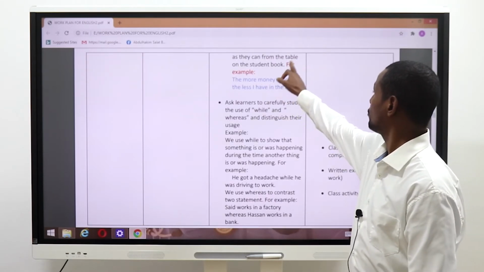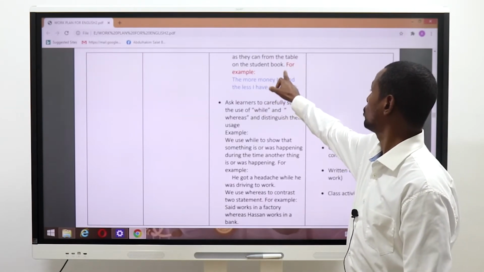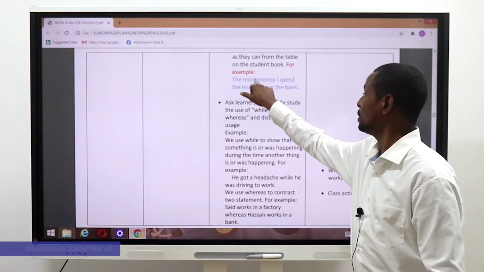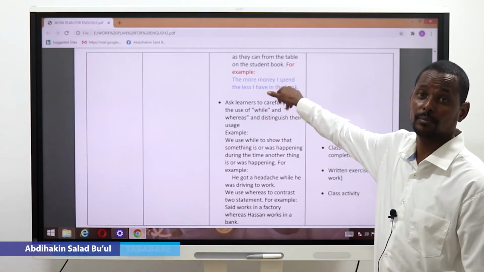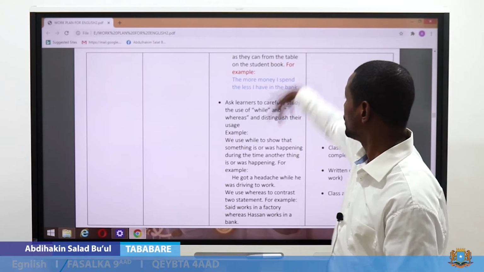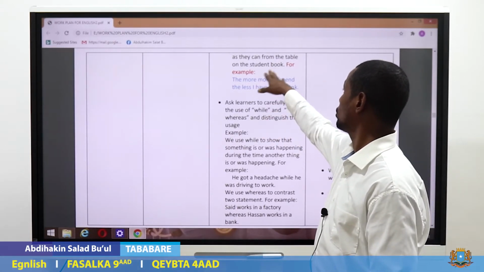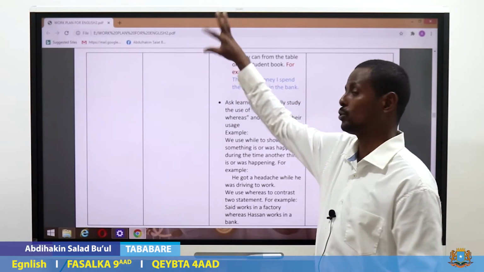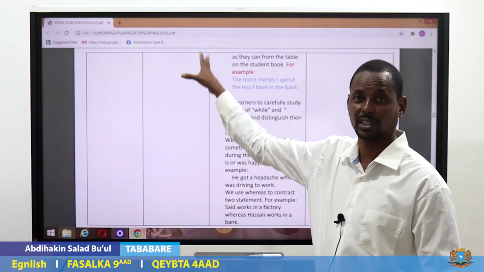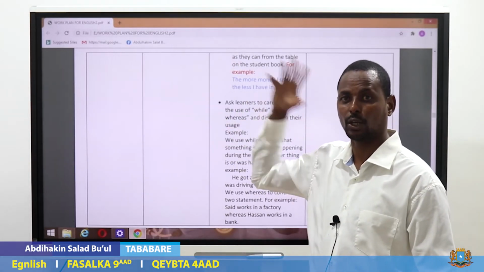Tell learners to practice making as many sentences as they can from the table in the student book. For example, this example is in the book. Let them make as many sentences as they can from the table to develop that language practice skill and to make the recall.